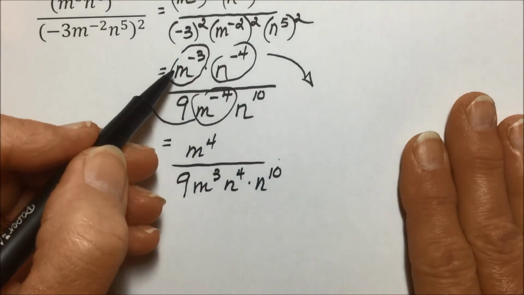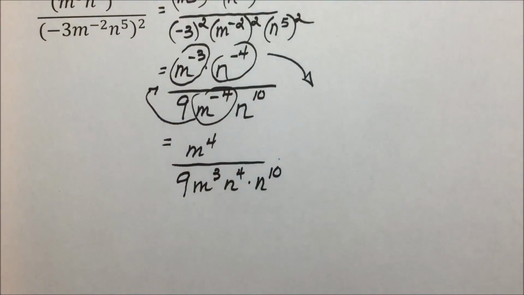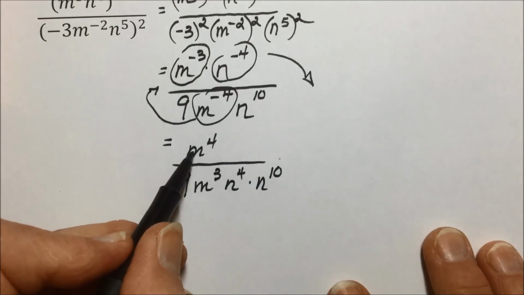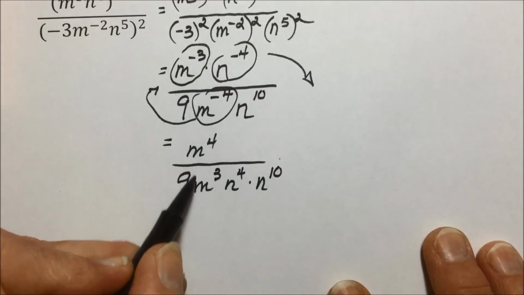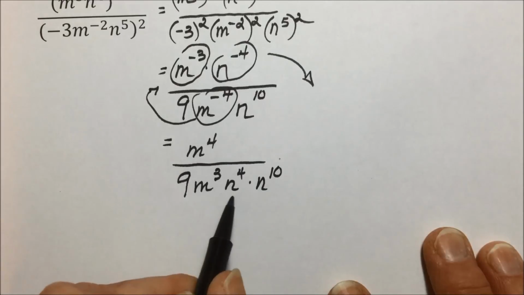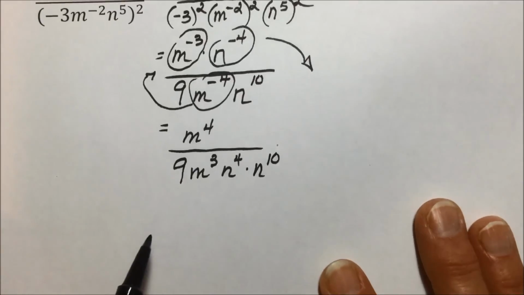Combining these using the quotient rule might have been a choice that you opted for over this one. What we now have is common bases in a quotient situation where we will subtract exponents. And here we have common bases multiplied together where we add exponents.